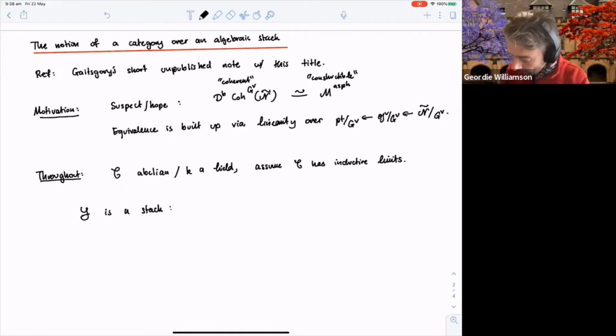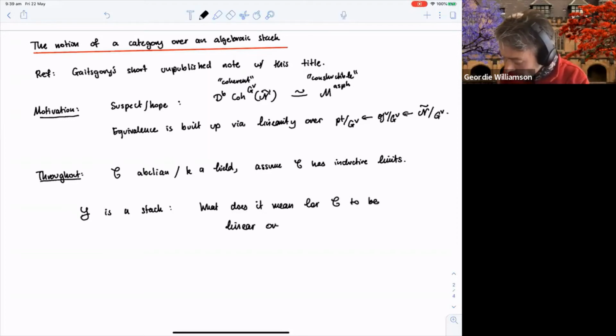So we ask ourselves the following question: what does it mean for a category to be linear over Y?